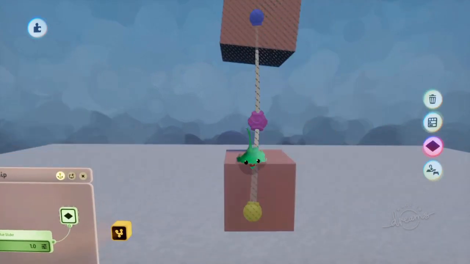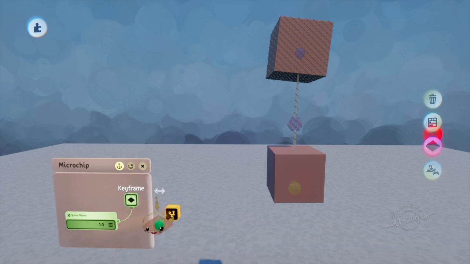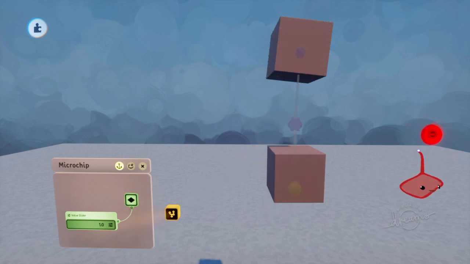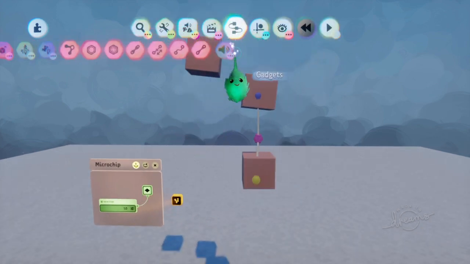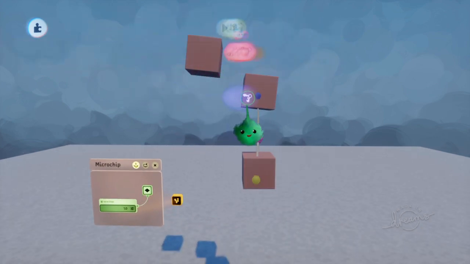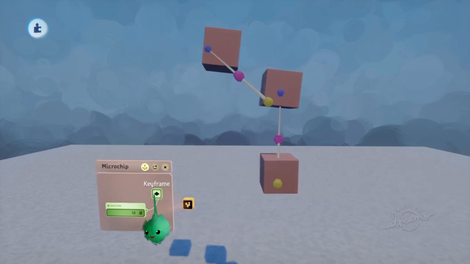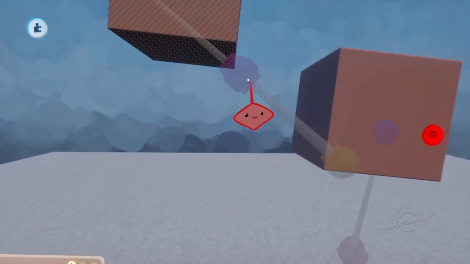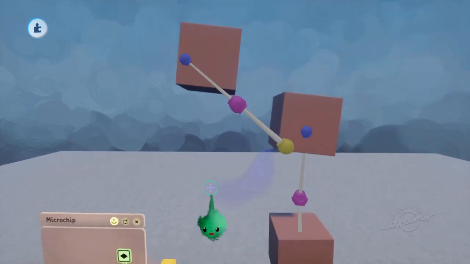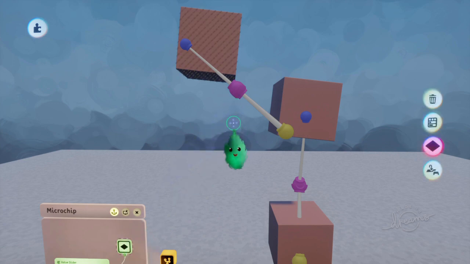Which is why, if I forget that recording, I'll use... so this one is using FK with the stripe going that way, and the joint isn't affected by that keyframe at all.